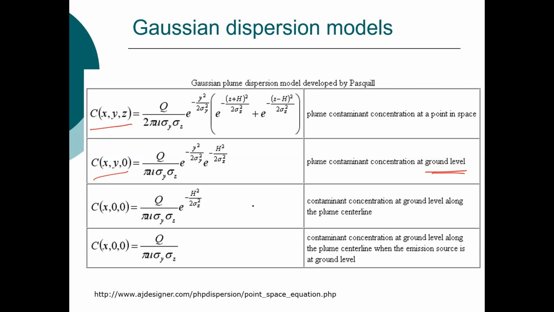Here, Y is equal to 0, so we're along the center line. And we have a situation here where the source is at the ground level. So think of this as the campfire, a point source at the ground level.